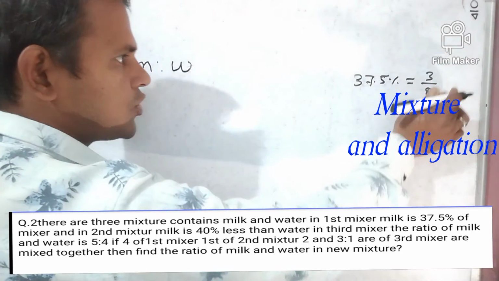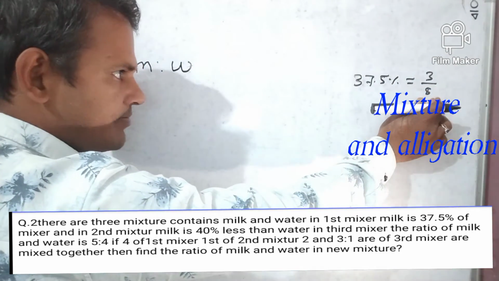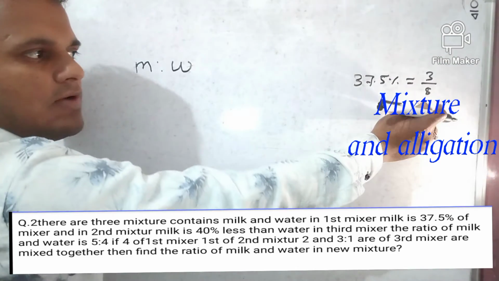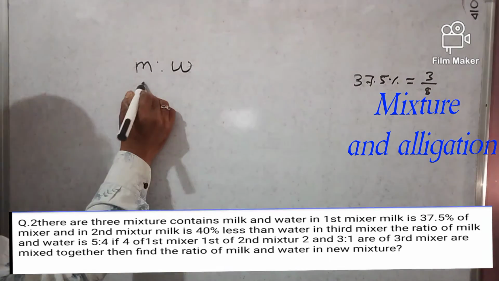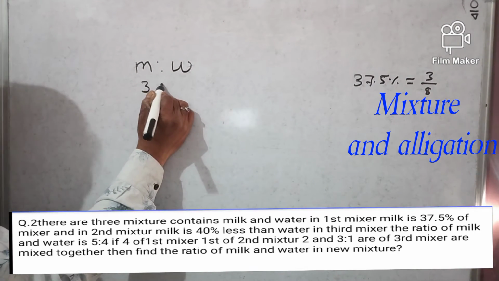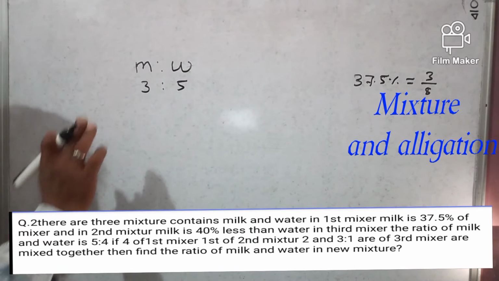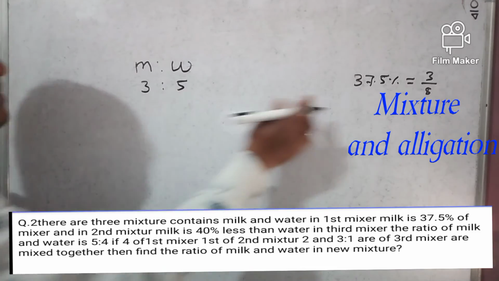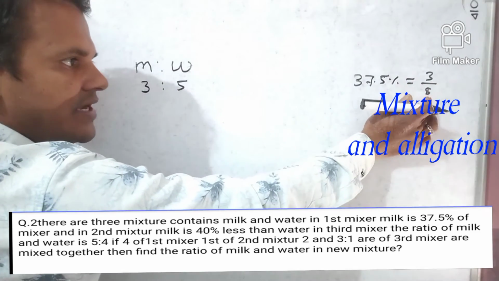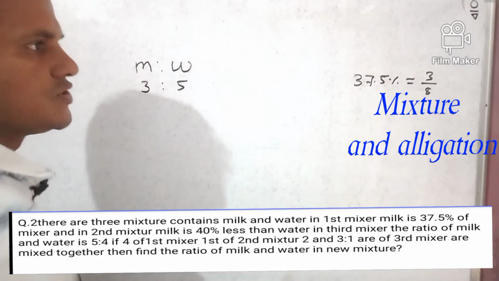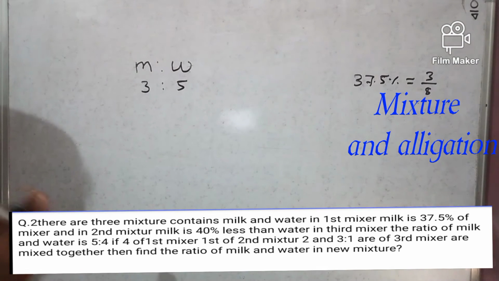Milk is 3 out of 8, so water will be 5. Milk is 3 part and water is 5 part. Total part is 8, 3 plus 5 is 8 part. Out of 8 part, milk is 3, so definitely there will be 5 water.